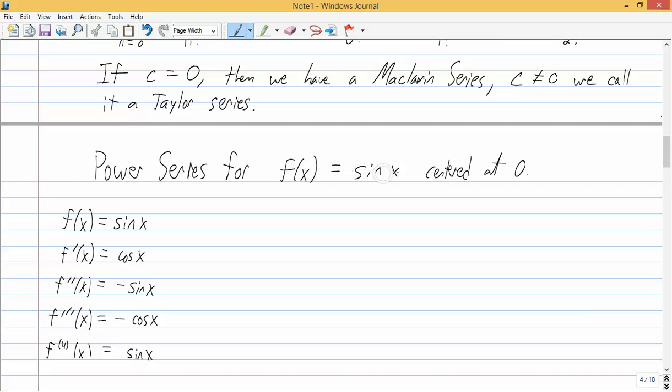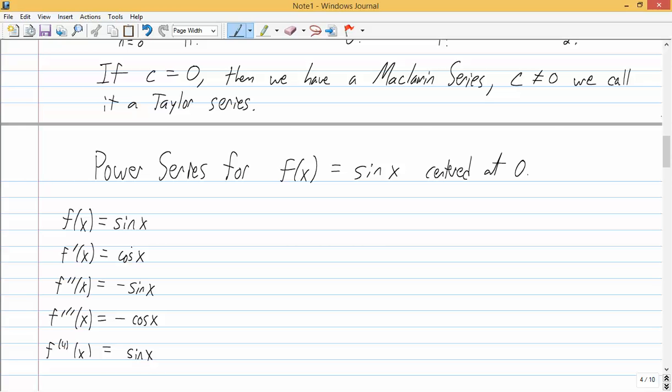Yes, sine of x. So if I write down my function, you can see a pattern is formed after I get past the third derivative. The fourth derivative starts over. So the fifth derivative would be the same as the first derivative, and the sixth derivative would be the same as the second derivative, and so on and so forth.